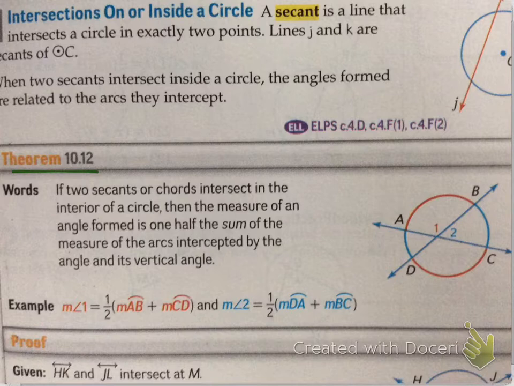Like here you've got an example: angle 2 is the intersection of these two arcs, but angle 1 is from these two arcs. So keep that in mind. You need to know that for later on, and we'll go from there.